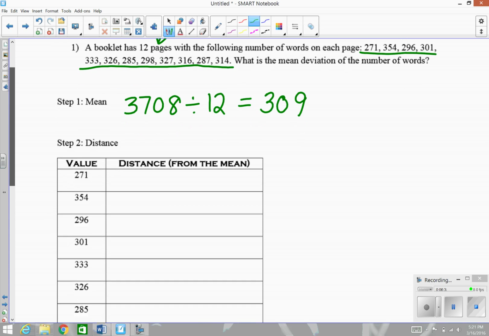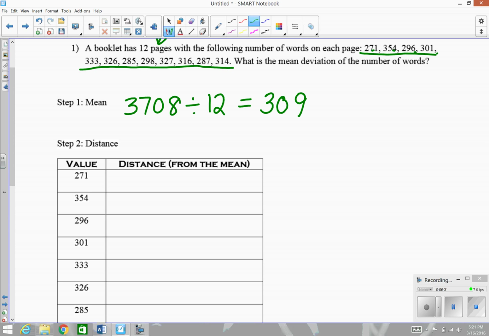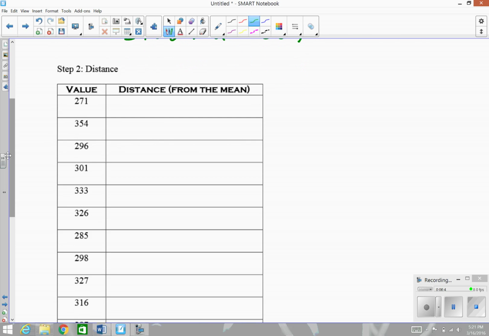Okay, so down below, when I take each one of these values and put it into the chart, I want to know the distance away from the average, away from 309. Now if I'm trying to figure out how far 271 is from 309, I'm going to subtract.